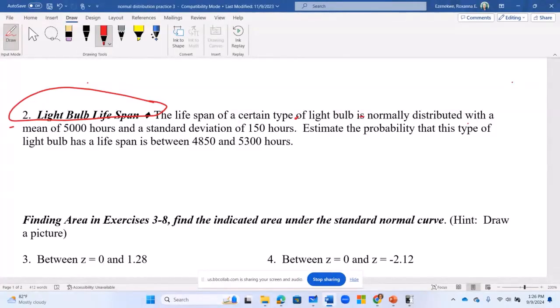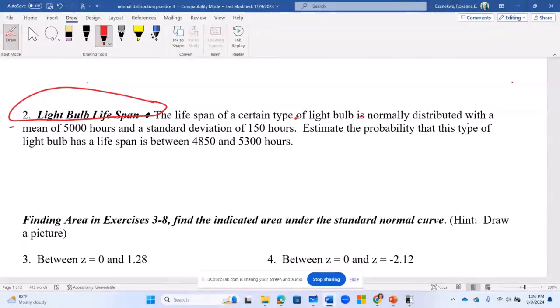Those stop in unit 1. Now we start talking about normal distribution. When we get to inferential statistics in chapter 7, it's going to be an extension of normal distribution, but you have to understand the basics. This is the basic standardization of a normal curve.